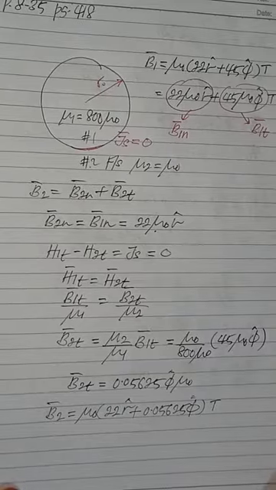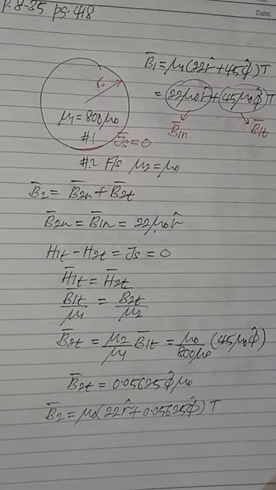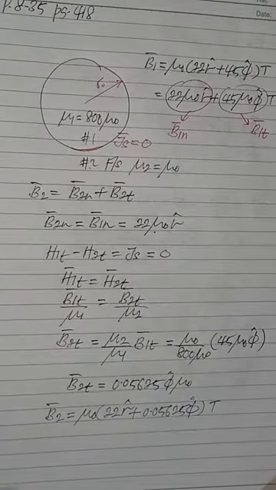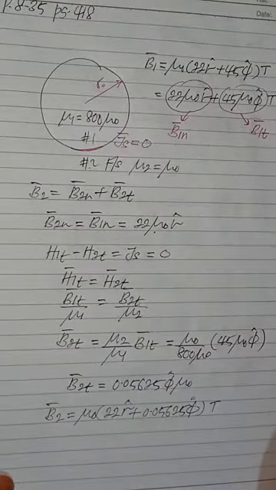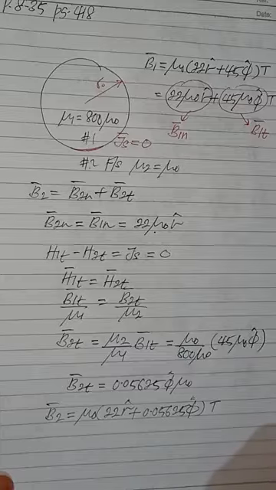This is our final expression of B2, which exists outside of the cylinder in the free space region.